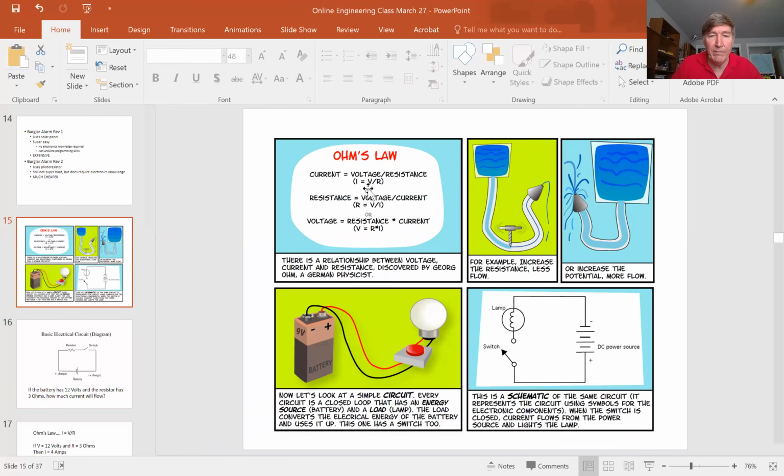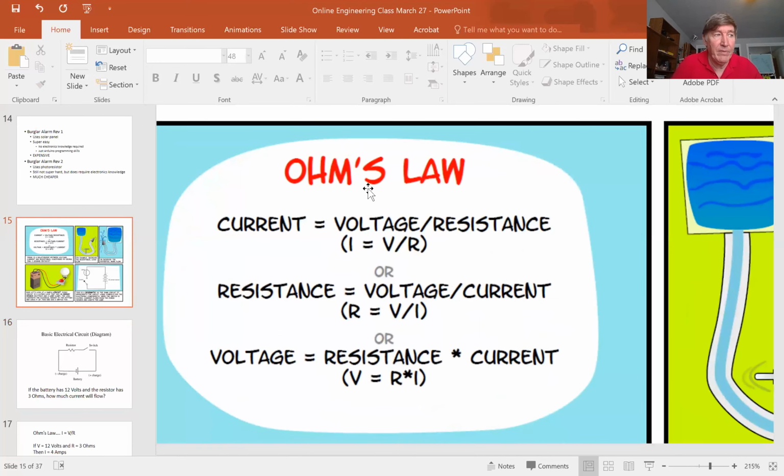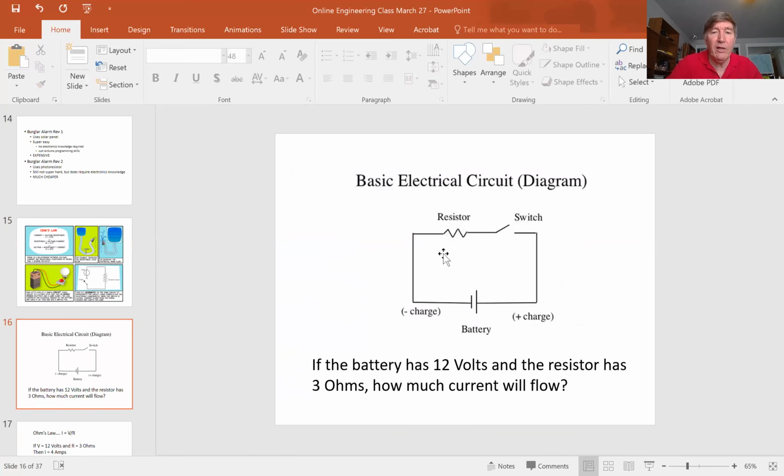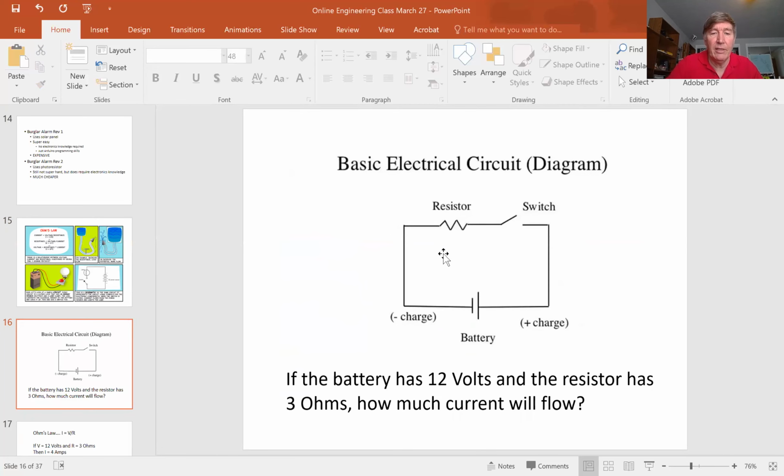Remember Ohm's law: I stands for current, V is voltage, R is resistance. The current is equal to V divided by R. So I want to know what is the current if we have a battery that has 12 volts.